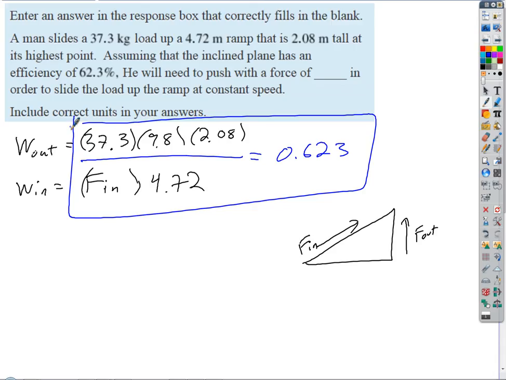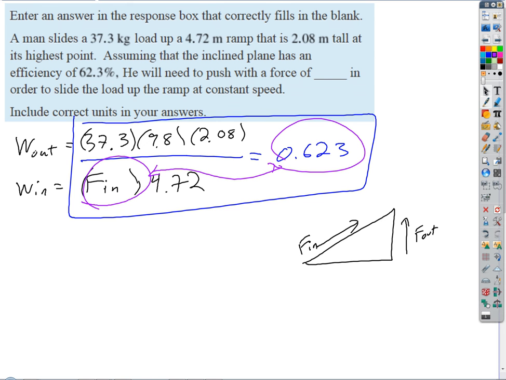So all I've got to do is just solve for F. Okay? So I've got a little trick here, right? I could just exchange these diagonally.